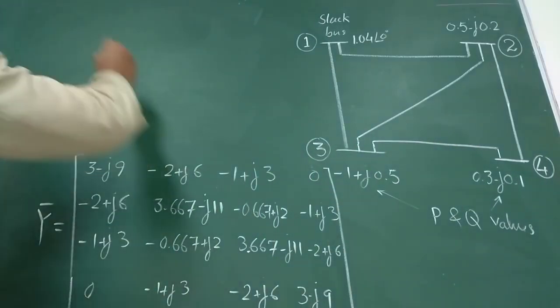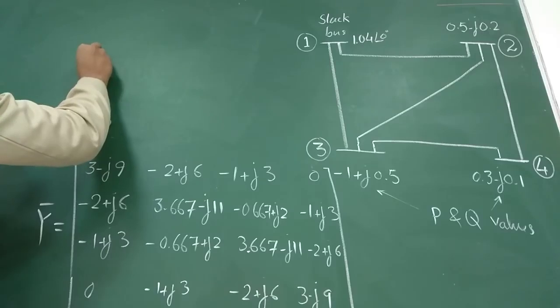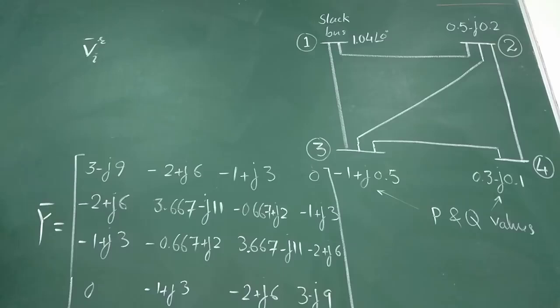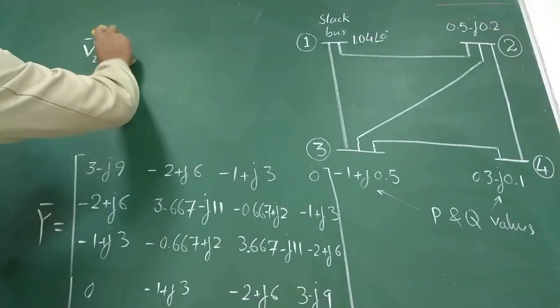So write the equation for V i phasor, or simply Vi.